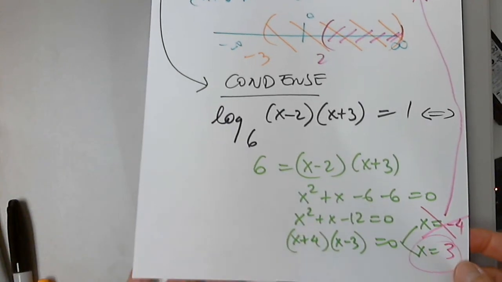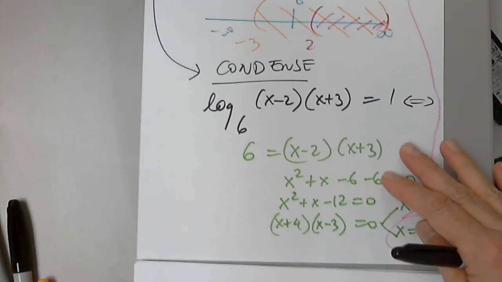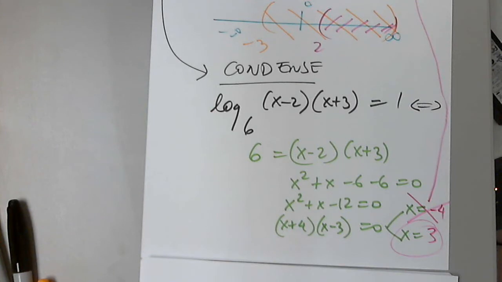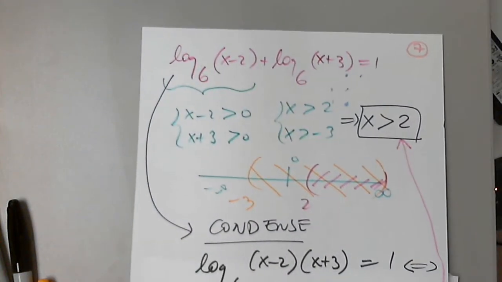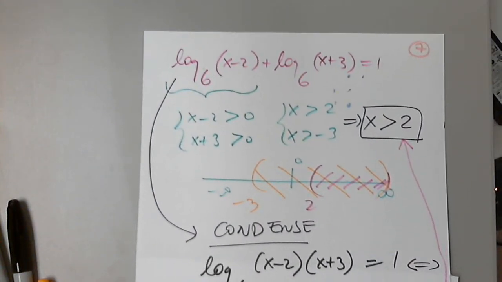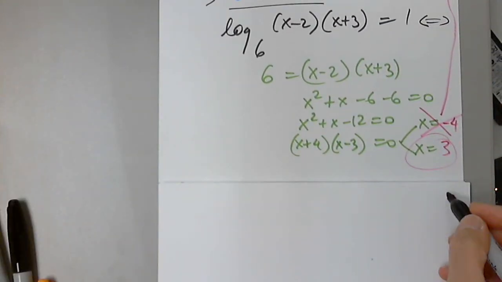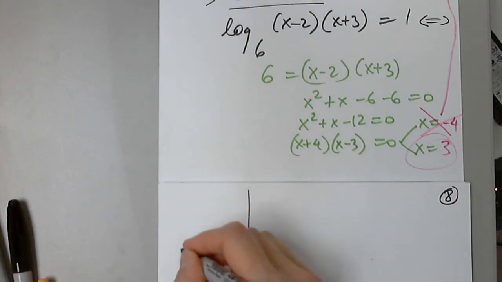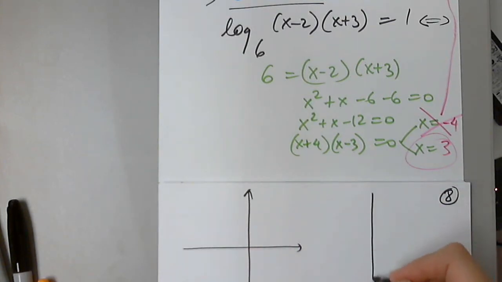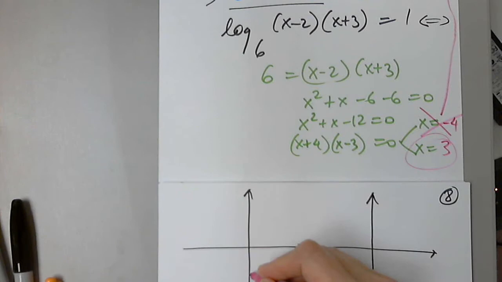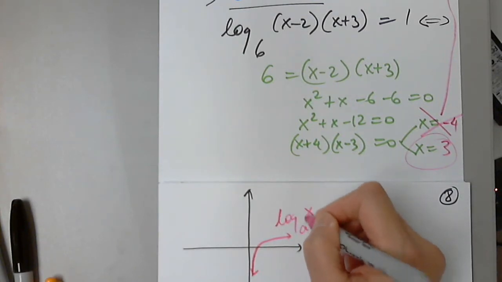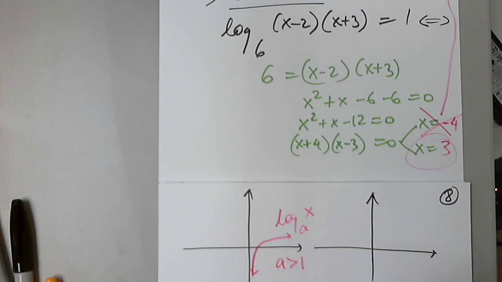Great job. Any questions? Yes, please. Why didn't you, when you're finding the domain, can it equal 0? No. It can't equal 0. Very good question. And this is a perfect moment to refresh your memory on the graphs of log. Thank you. Because we need it for limits. So this is log base a of x when the base is greater than 1.